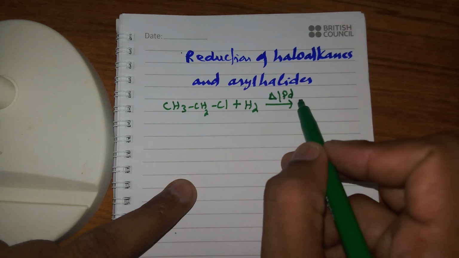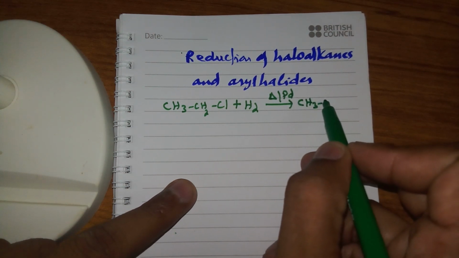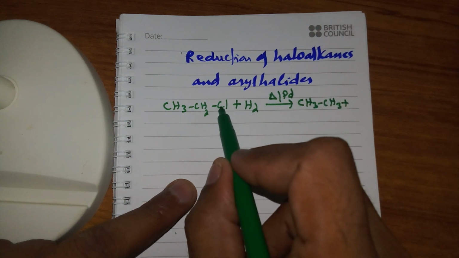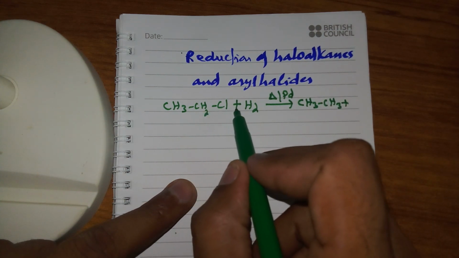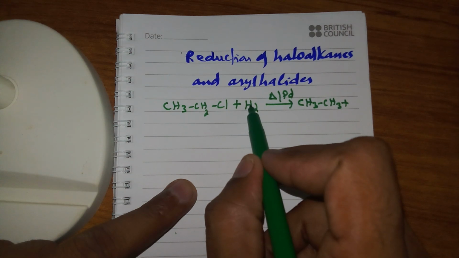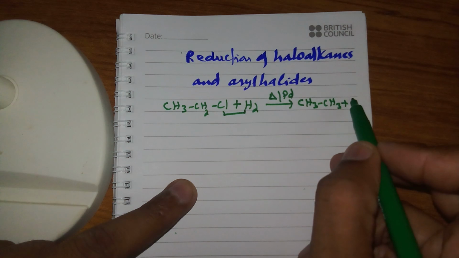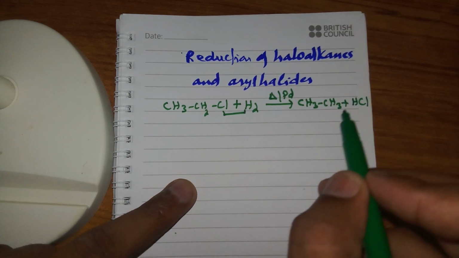There will be the formation of ethane, and one chloride will be removed from this molecule and hydrogen from the hydrogen. When they both react, they will form HCl, hydrochloric acid.